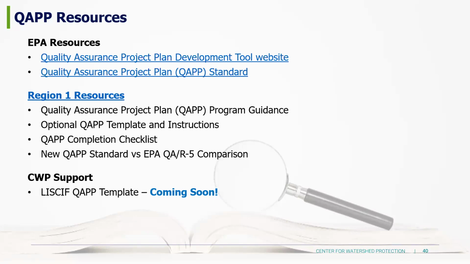We're not trying to reinvent the wheel for something like what Region 1 did since they already have their own template, but we're trying to take the template and make it a little bit more applicable to the LISCIF grantees and a little easier to understand, but also provide examples like the things you saw here today and boilerplate language, things that you can pick from to make developing your QAPP a little bit easier. So that will be coming soon, so stay tuned.